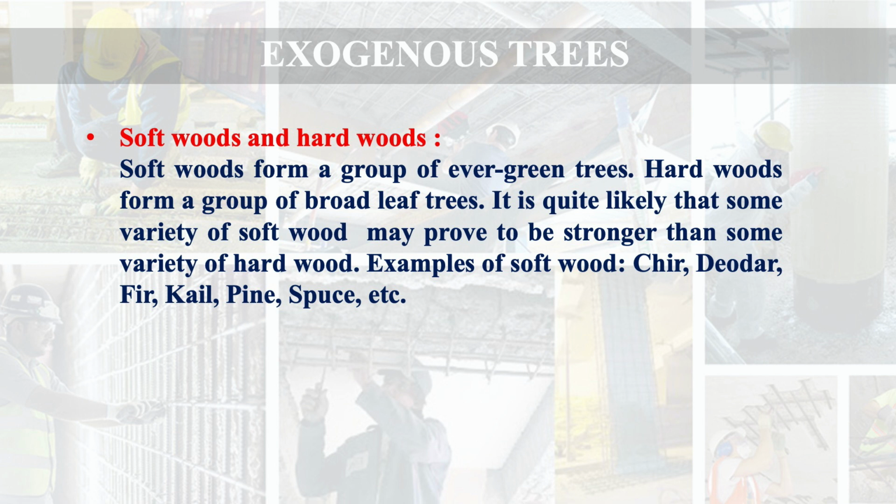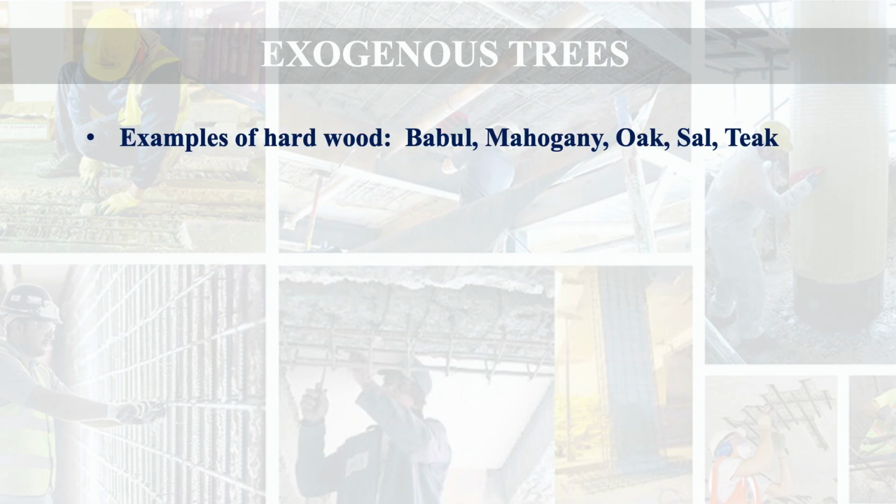Examples of softwood are cheer, deodar, fir, kail, pine, spruce, etc. And examples of hardwood are babool, mahogany, oak, sal, teak, etc.